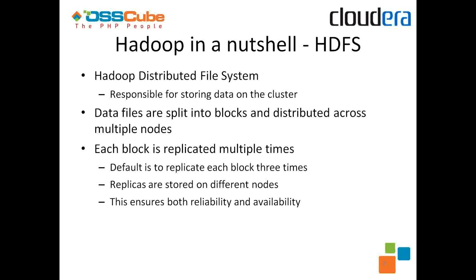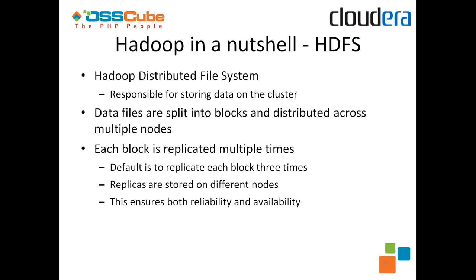So if you have a gigabyte of data, it splits that gigabyte up and then distributes those different blocks across your network. So what you then get is that a small block of the whole data set will sit on different nodes. And each block is then replicated multiple times.